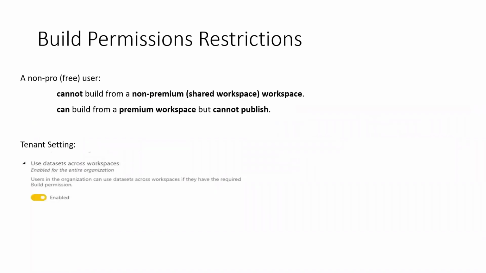Now, remember, all those license types are going to come back. So if you're a free user, you cannot build from a non-premium workspace. From a premium workspace, you can build, but you cannot publish it anywhere, okay? Now, there's a tenant setting that controls the ability for data sets to be shared across workspaces. If this is enabled, then you can do that.